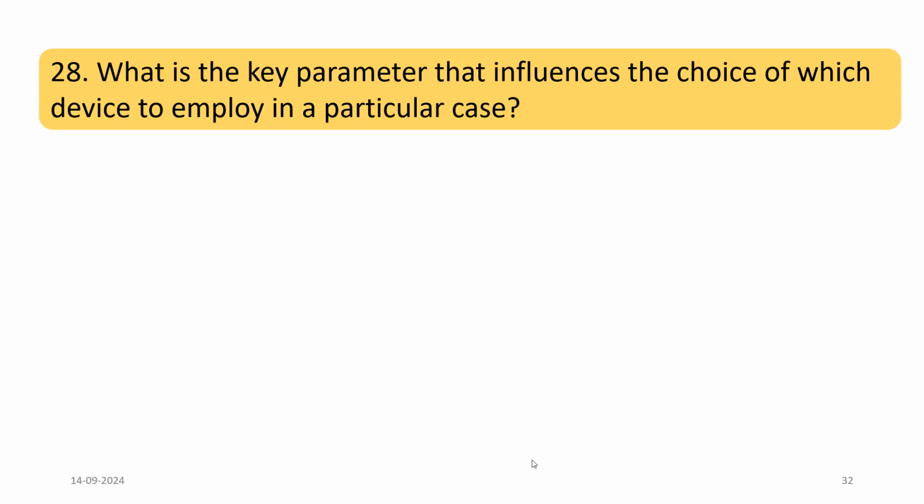Whether we will use the sedimentation method, the Brownian method, or the charge electric field method. These are different separation methods. Depending on which parameter can this differentiation be done?